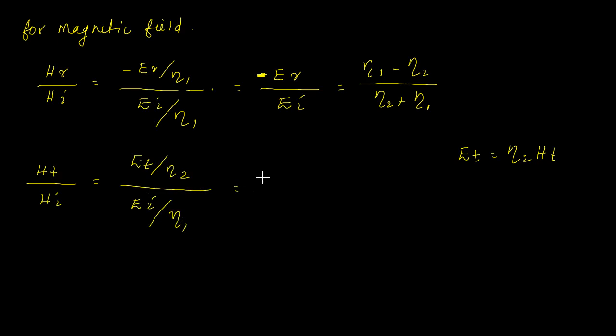So we can represent this as eta 1 upon eta 2 times ET by EI. We already found the expression of ET by EI.